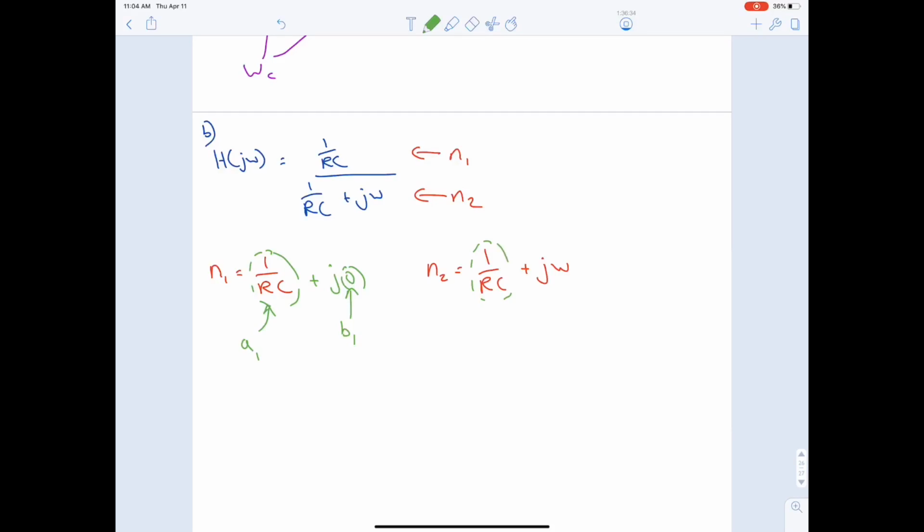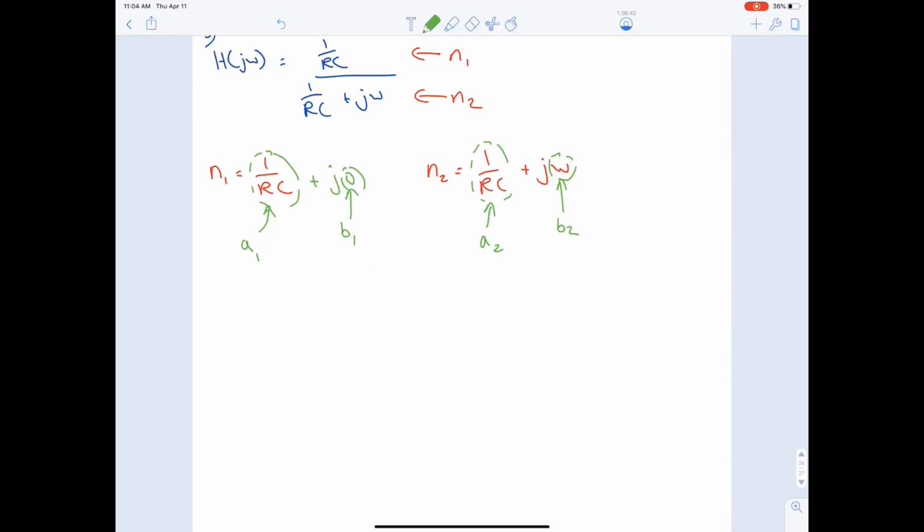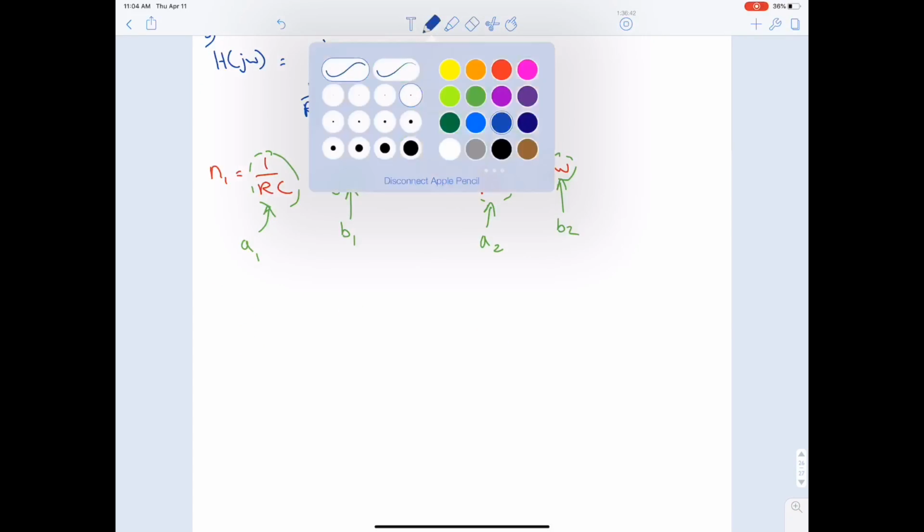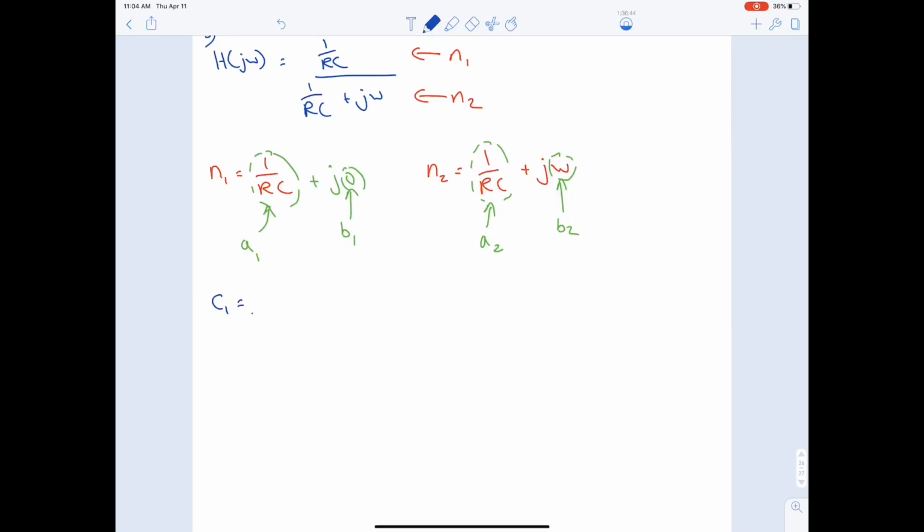Here this is also A and this is B. Okay, finding C1 and C2. C1 is equal to the square root of A1 squared plus B1 squared, which is equal to the square root of 1 over RC squared plus 0 squared, which is equal to 1 over RC.